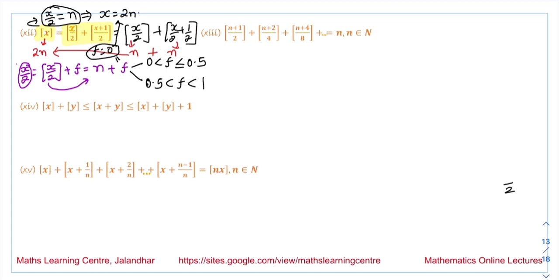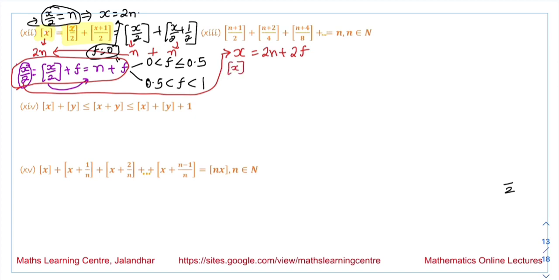Now from this result, what we get is that the value of x is equal to 2n plus 2f. This is the value of x that we obtain from this part. So if we take the greatest integer of x, we have the greatest integer of 2n plus 2f. Now what is the value of 2f?